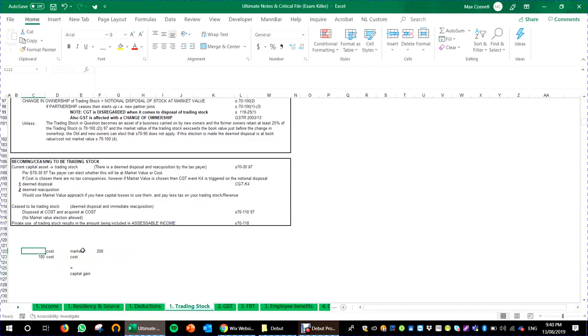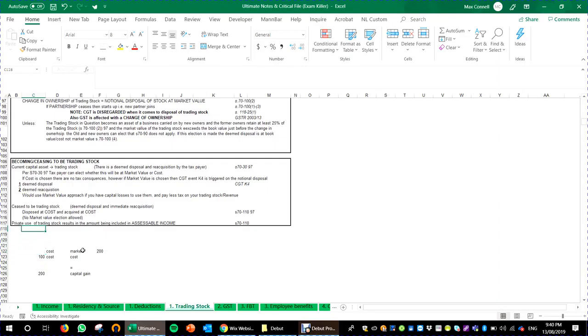And once you actually sell it or revalue it at the end of the year at the market value of 200, you're actually going to have to include that difference in your assessable income, once we calculate the difference between the opening value and the closing value of your stock on hand.